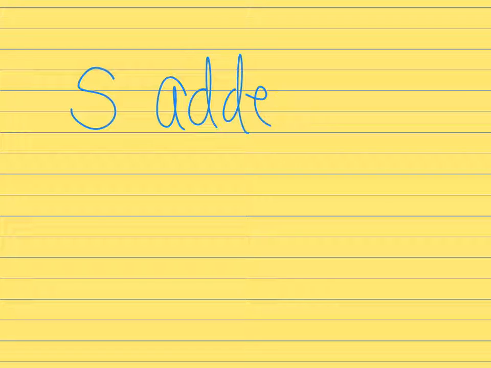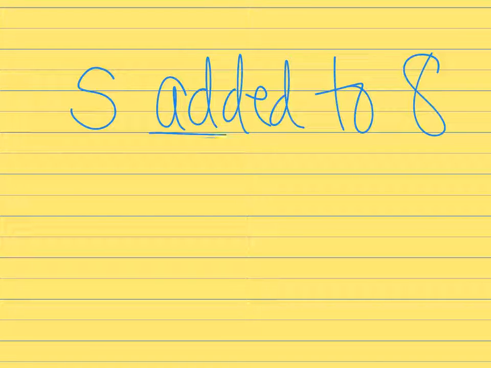Let's do one more example. Let's say our algebraic expression is s added to 8. Well, added to, that's pretty clear. Added means I'm going to be using the operation addition. S added to 8.